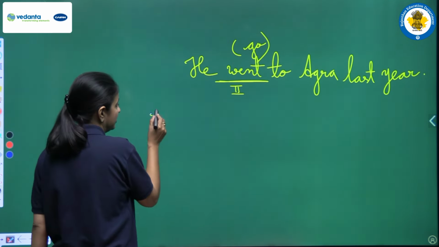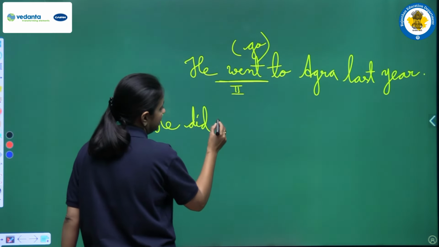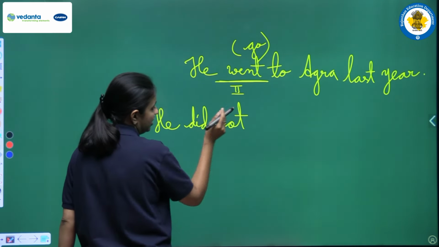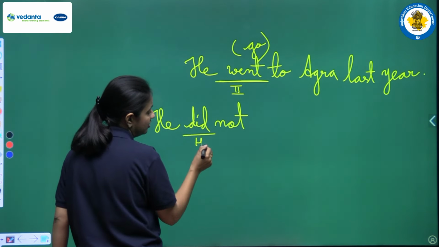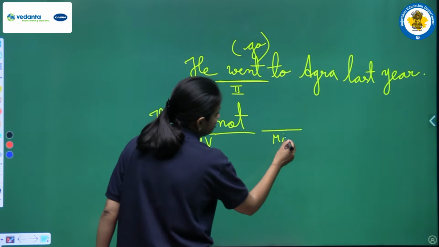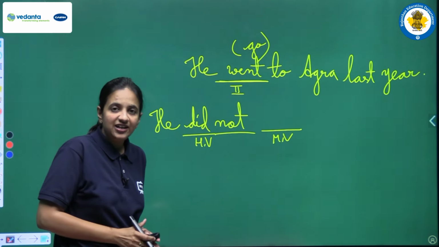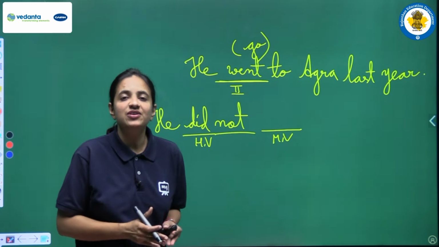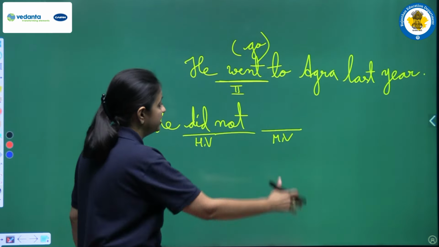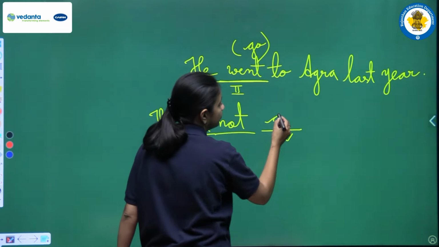So the sentence will be: he did not. If we are writing a negative sentence, obviously we first write the helping verb, then not, and after it the main verb. Now what will be the main verb if we are using did? If the sentence is a negative one, we have to write the first form. So in this sentence, where we wanted to use went, we will use go.